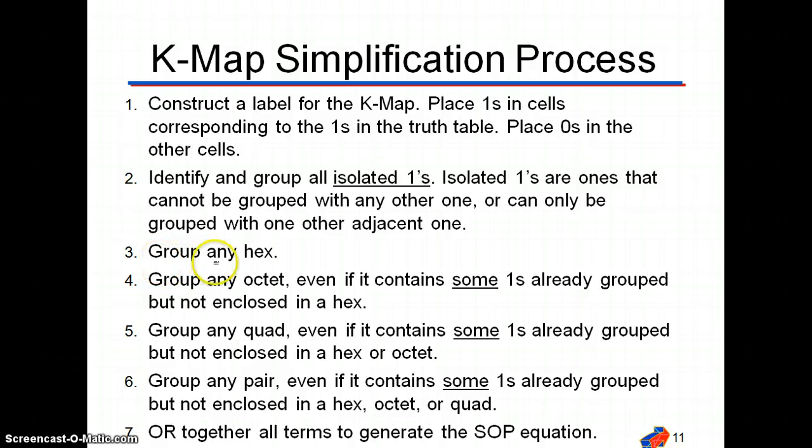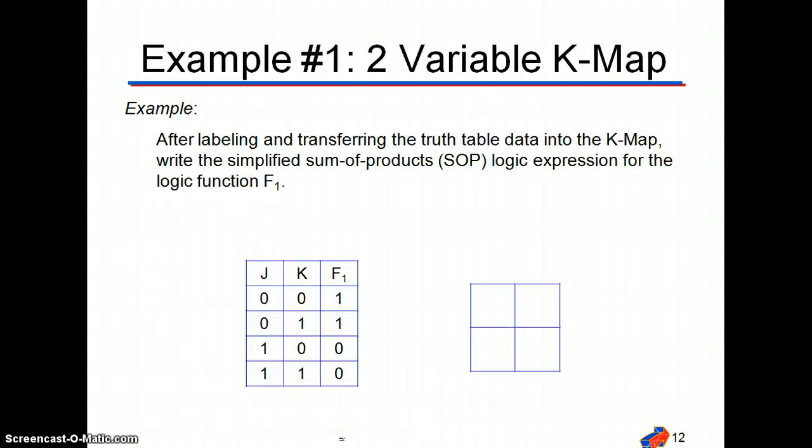Then we look out for any hex, that is, if there is any formation of 6 ones. Then we look for octet, that is 8 ones, even if it contains some ones already grouped. Group any quad, even if it contains some ones already grouped but enclosed in a hex or octet. Group any pair, and then OR together all terms to generate the SOP equation.